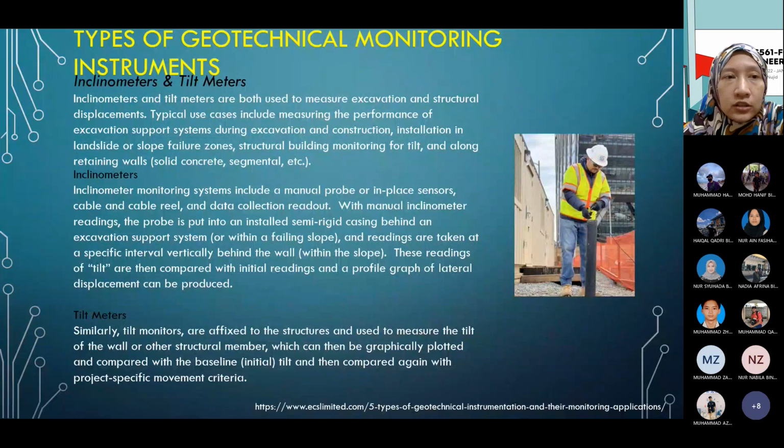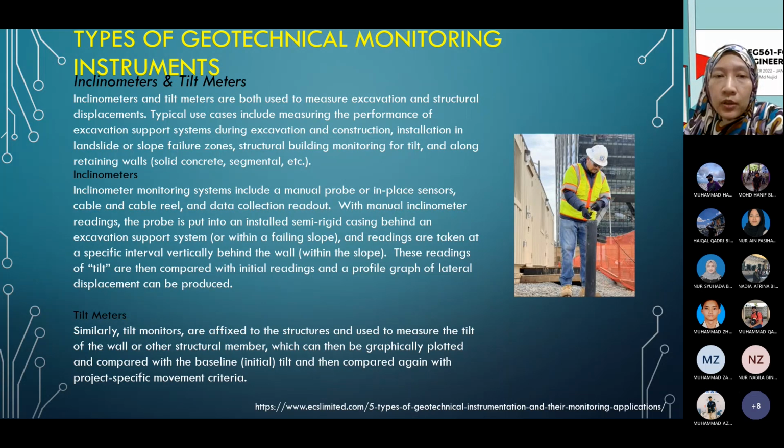Okay, the next one is inclinometers and tilt meters. So inclinometers and tilt meters are very common to measure the excavation or any kind of displacement, either a structure or soil deformations. So typical use cases include measuring the performance of excavation support systems during excavation and construction, installation in landslide or slope failure zones, and structural building monitoring for tilt and long retaining walls.